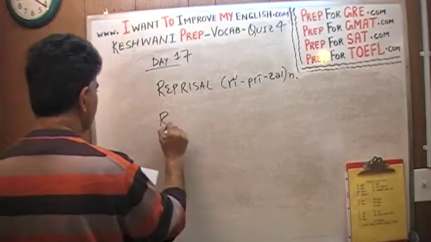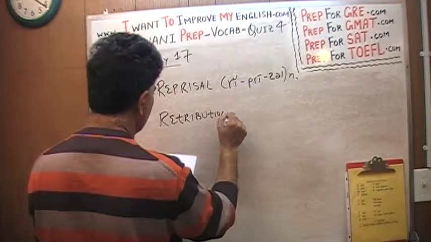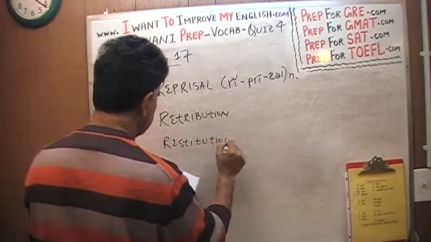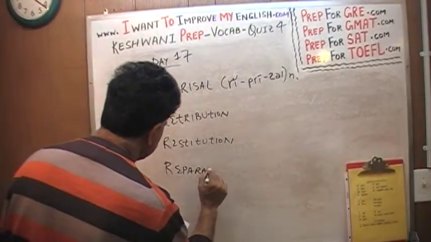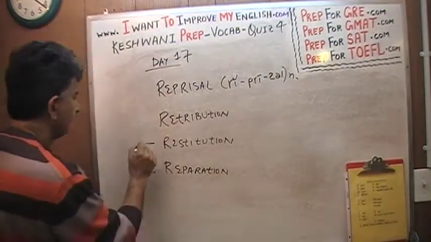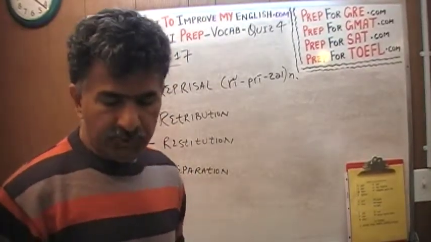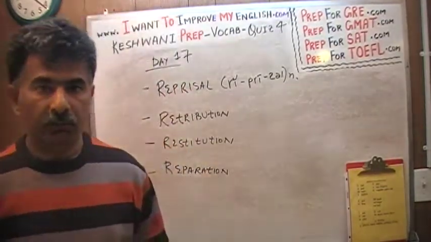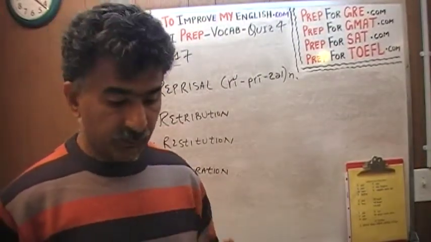Then we learn retribution, then we learn restitution, and then finally we learn reparation. And they all basically mean to pay for your wrongdoing, something that you have done wrong, and now you have to pay for it. They all basically mean the same thing. But they have different nuances, they have different connotations.